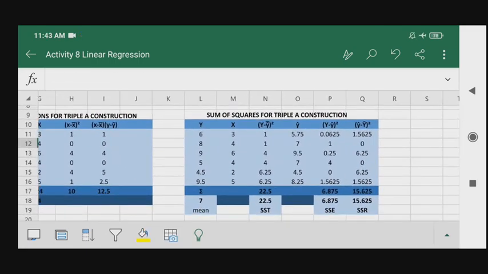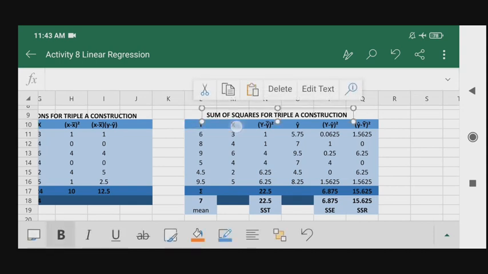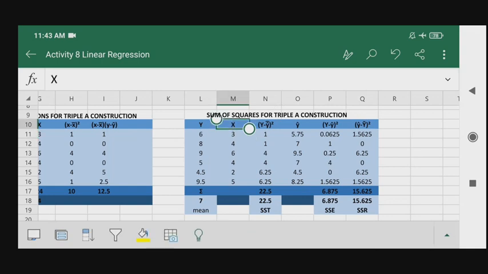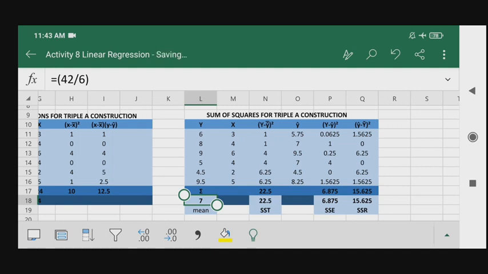So let's proceed to the sum of squares for AAA Construction Company. Here we have y, the dependent variable, and x, the independent variable. The mean of y is 7, because the sum 42 divided by 6 equals 7.